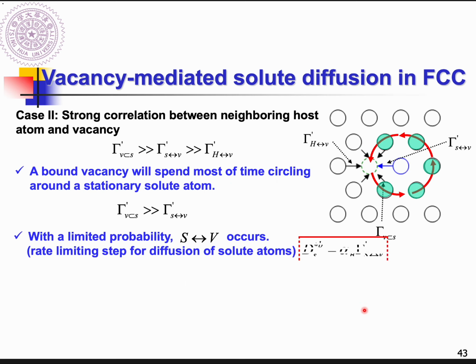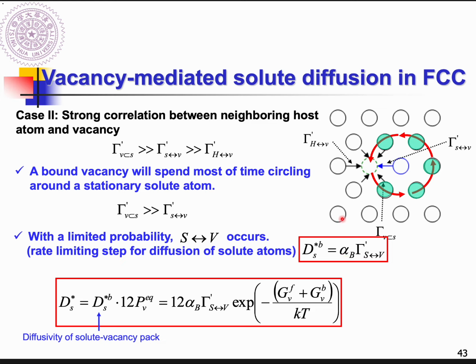So based on this, you can successfully write down the diffusivity of this solute bound with the vacancy, which will be proportional to gamma prime SV. And alpha B is a geometrical factor related to the crystal structure. And this is the diffusivity of the solute, right?